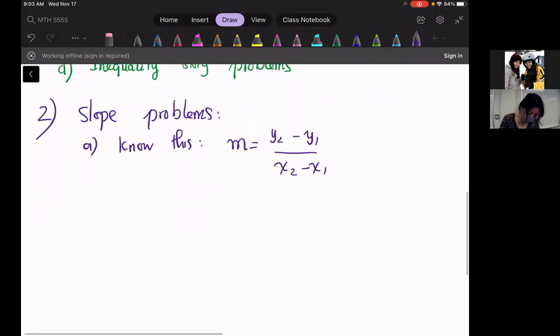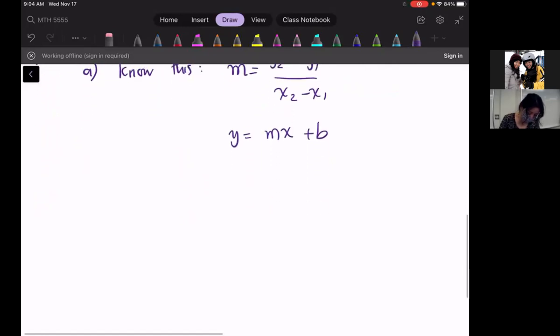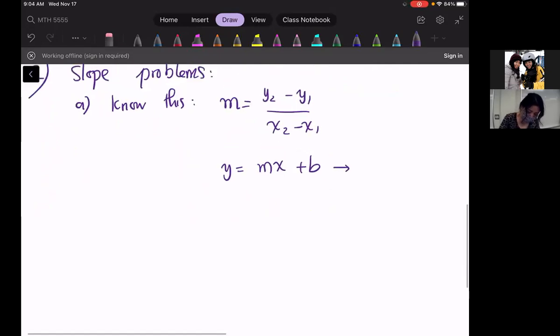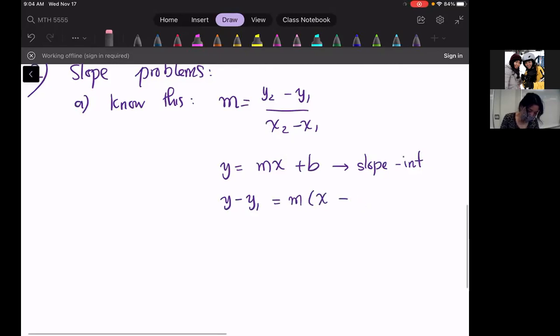What else would you have to know? y equals mx plus b. What is this called? Yeah, slope intercept. And then y minus y1 equals m times x minus x1, which is called, yeah, thank you, point slope.